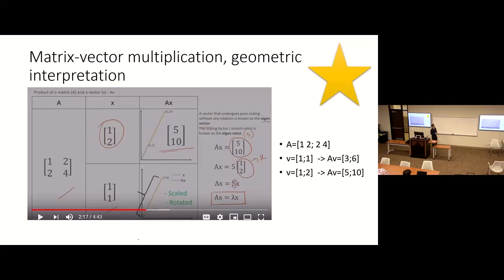Okay. So the second point, this point, is a more generalized point to showcase what if I use this as a rotation, as an operator.